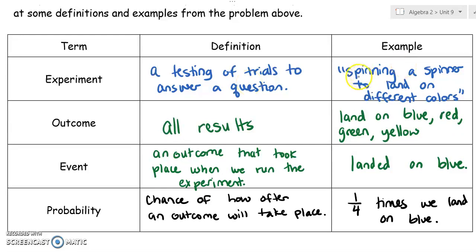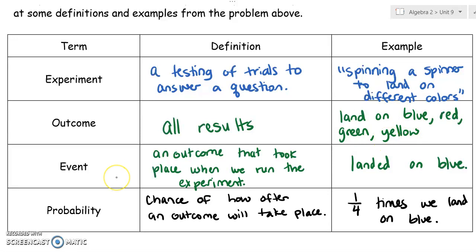For example, in the example I showed you above, spinning a spinner to land on different colors is my experiment. The outcome is all results. The results could have been landing on blue or red or green or yellow. Those are all of my results.